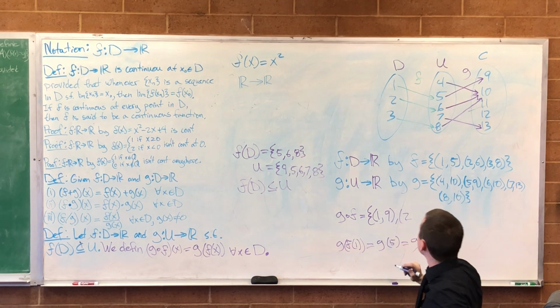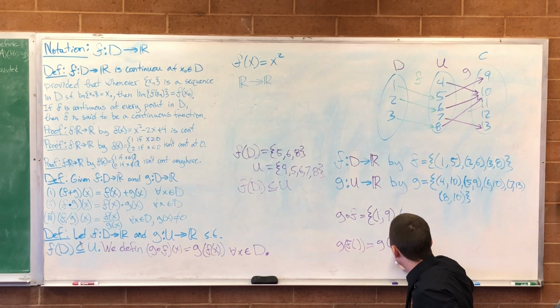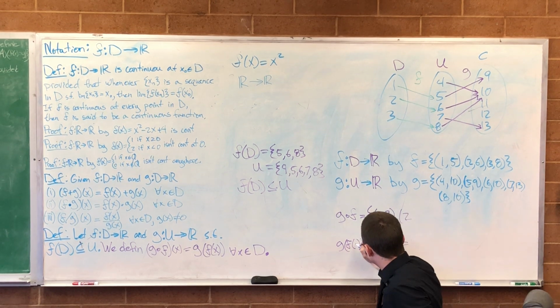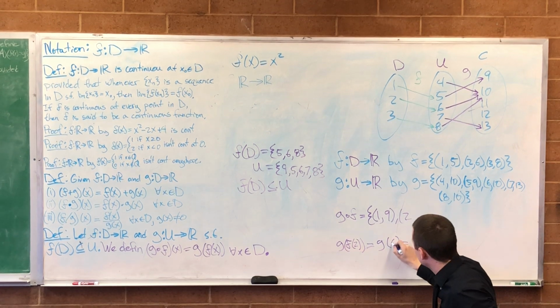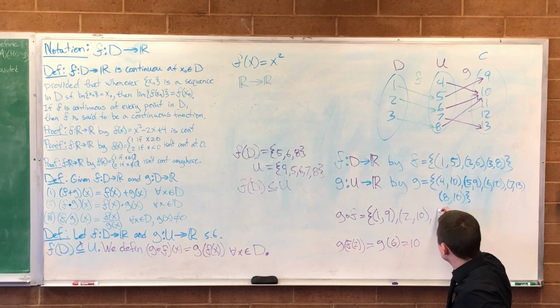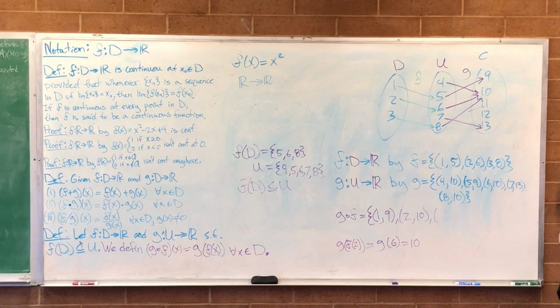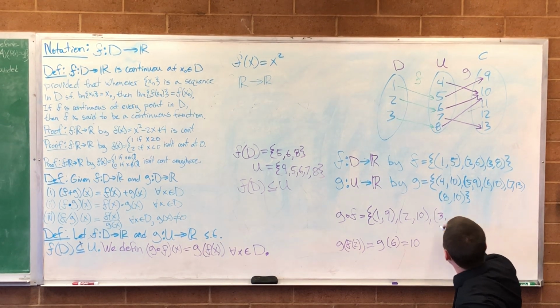Same thing for 2. F of 2 is 6. G of 6 is 10. So 2 goes to 10. And then last one. What does 3 go to?